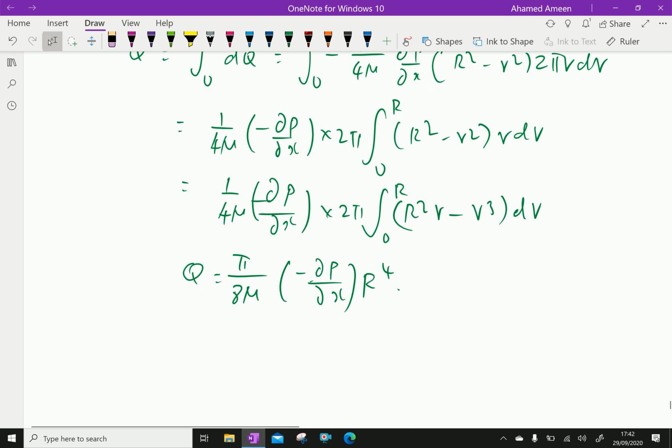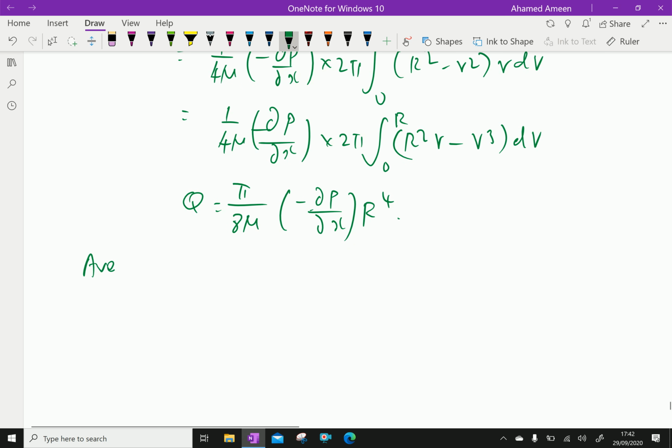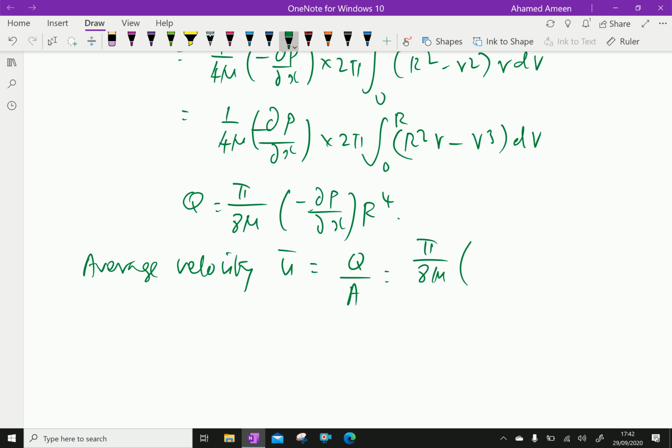Therefore average velocity u bar equals Q by area, that is pi over 8 mu, minus dou p by dou x, R power 4 over pi R squared.